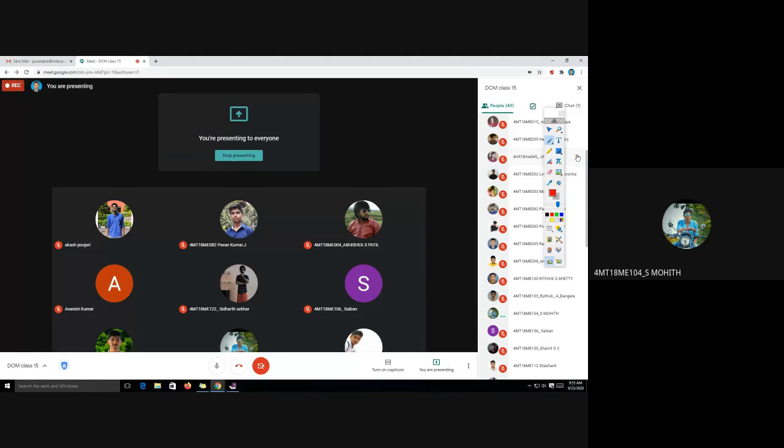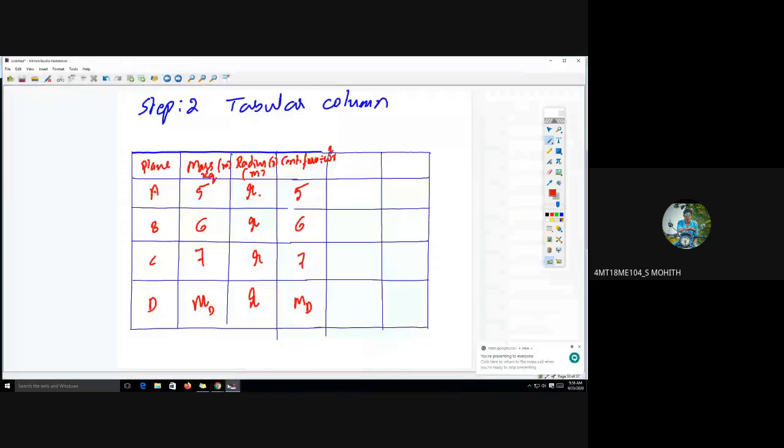No, sir. MD is not given. Can you draw a polygon of 4 sides, knowing 3 sides and one unknown? Radius is also not given. Radius is there in the fourth column. 5, 6, 7.